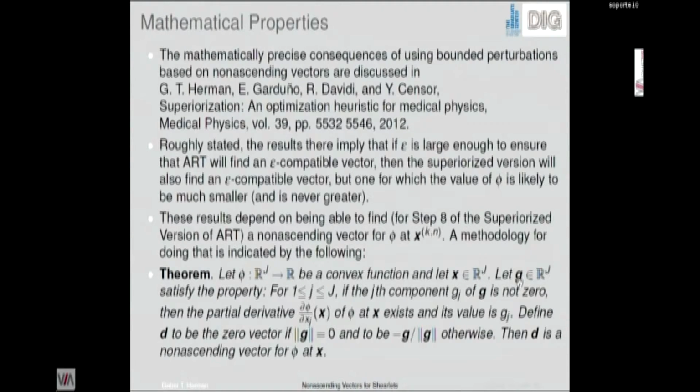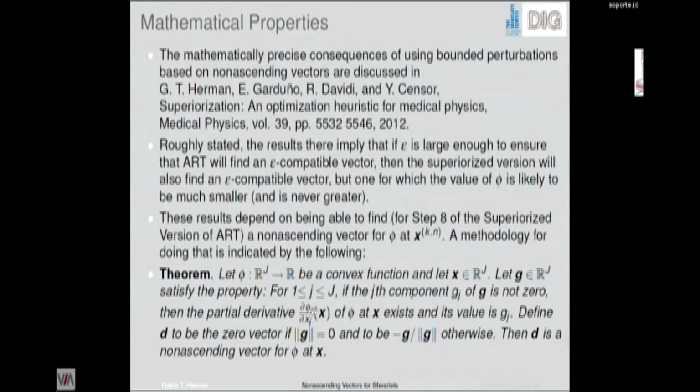Now I produce a function g in that vector space, which has a property that whenever the jth component of g is not zero. Now note, this is important. If the jth component of g is zero, I don't have to worry about that.